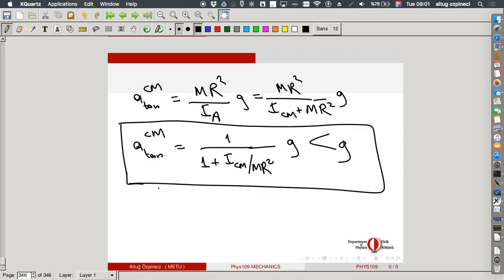What about the tension on the string? How can we calculate the tension on the string, now that we know the acceleration of the center of mass? Newton's second law, how do we use it?